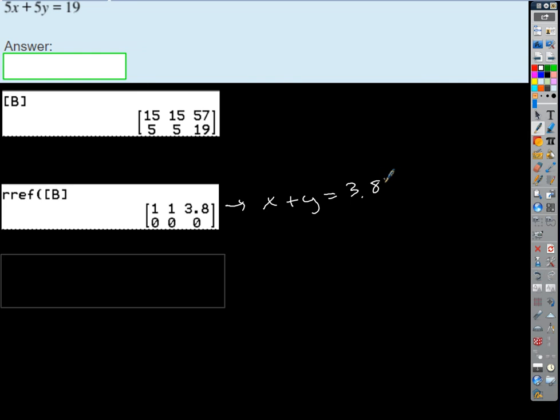That's the solution it gives me. What does this second row say? 0 plus 0 equals 0. Okay, so let's combine those, and they tell us something significant.